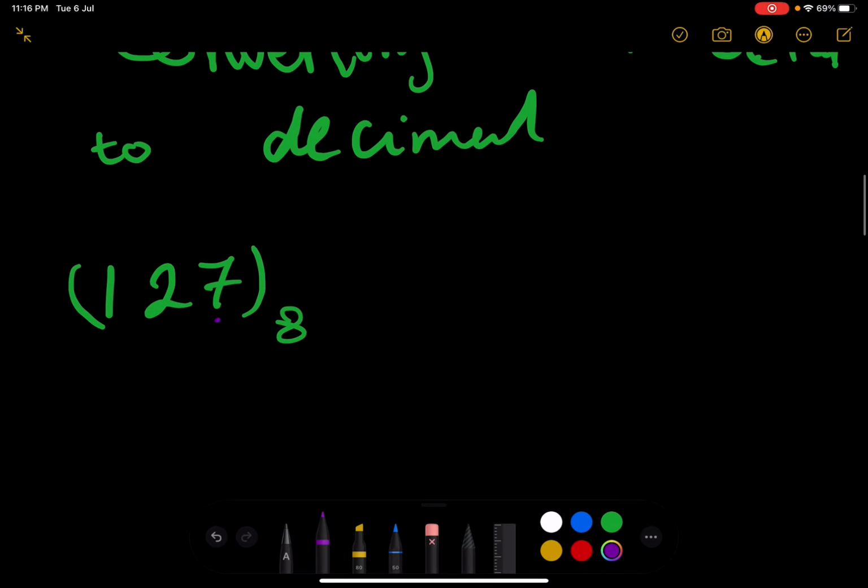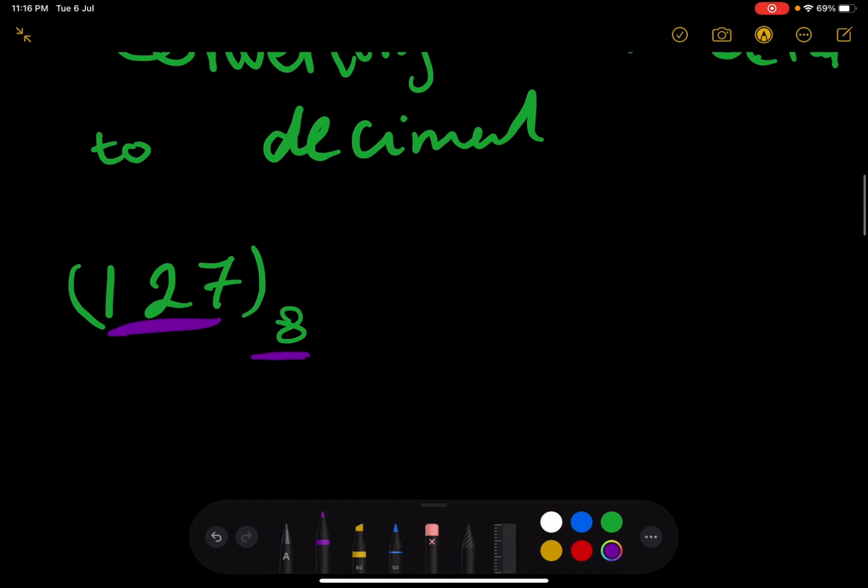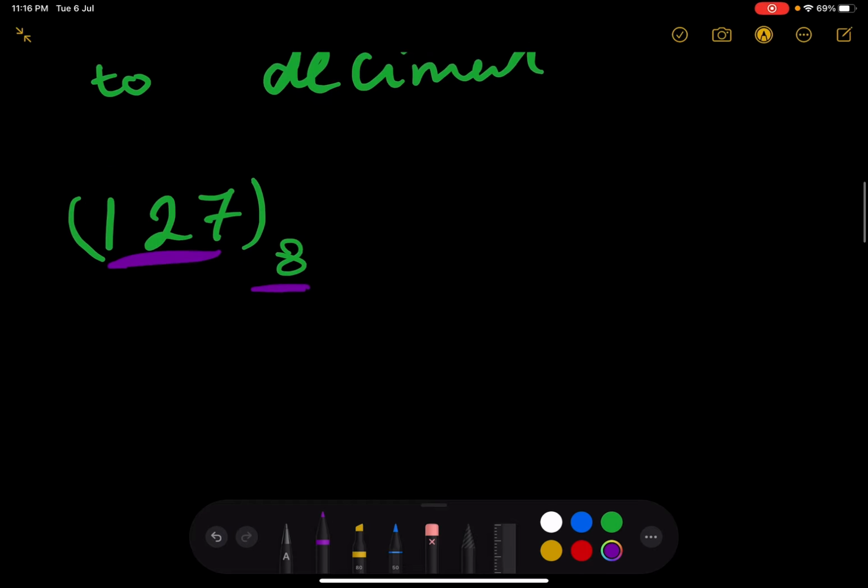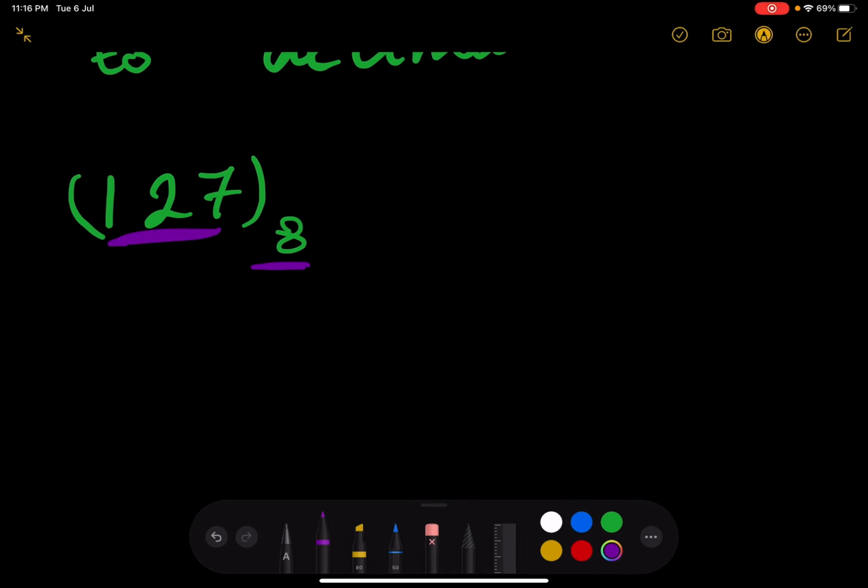We have this number in the octal system and we want to convert it to decimal. So here our first digit is 7, so we will multiply by 8 because we're dealing with octal, and as you know, octal is a base 8 system, so we take the base, and in our example the base is 8, so 8 power 0 times 7.